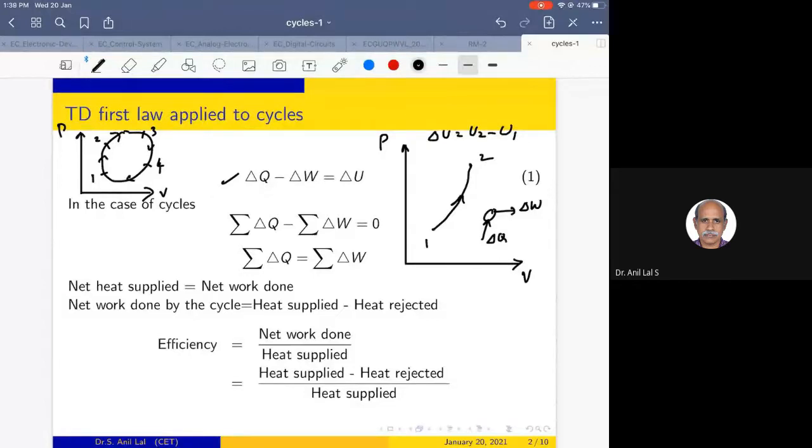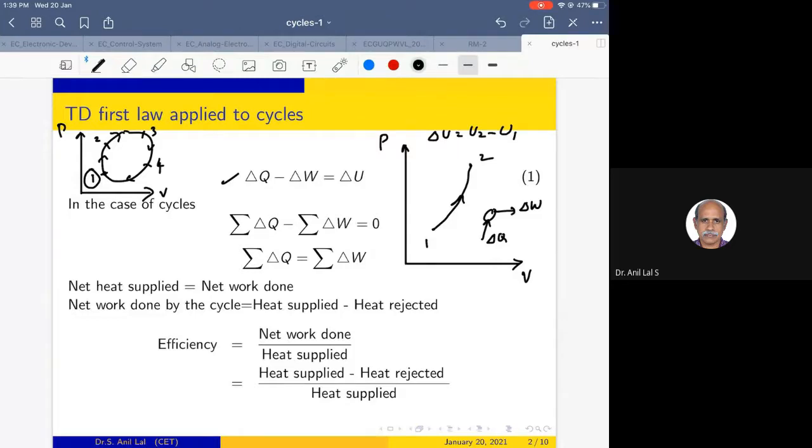Finally, at the end of all the processes in the cycle, it comes back to the same point 1. Then we say that the system has undergone a cycle of operations.